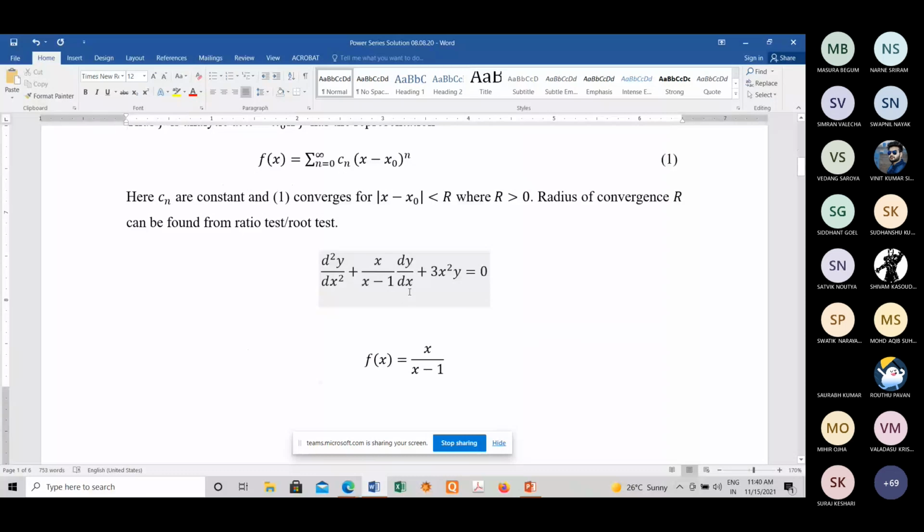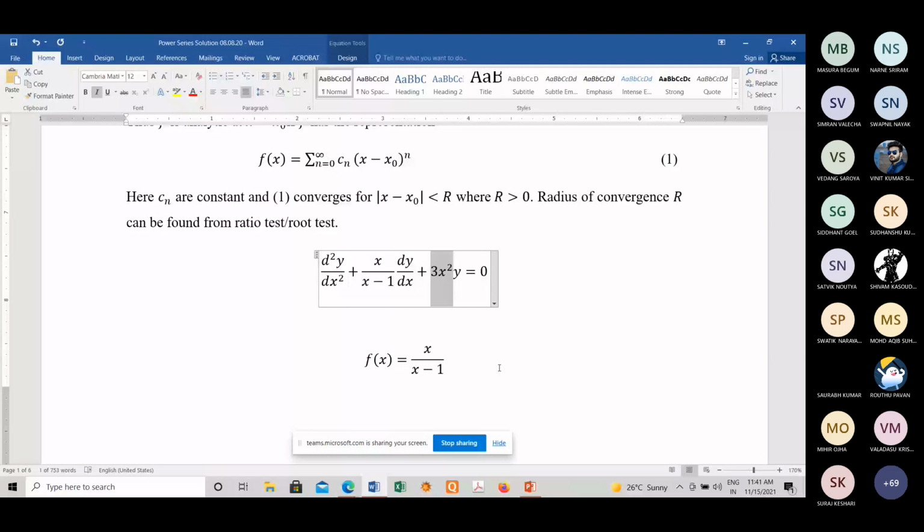You may note down somewhere: every polynomial is analytic. Why? Because every polynomial can be expressed in terms of a power series, and that will be convergent. So if there is a polynomial, like you may see here, 3x square, this 3x square will be analytic everywhere.